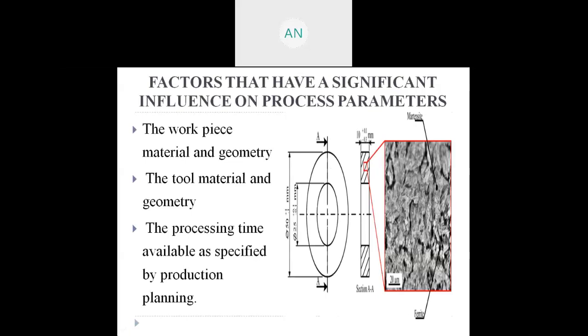But when the same steel is heated to a red hot condition, what happens there? The steel tends to have a different behavior from when it is in a dry state, right? So these are the parameters that influence the process parameters most.